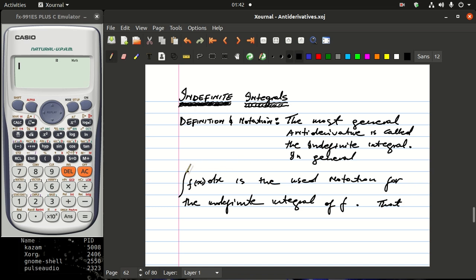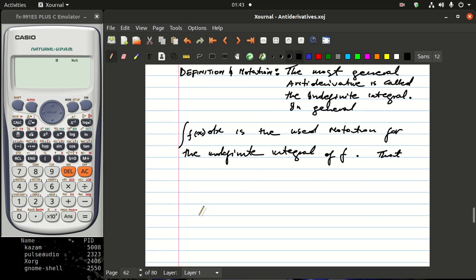Simply put, writing this without the lower bound and the upper bound, we are actually saying find the most general antiderivative of this function. That is the meaning. But once you have the upper bound and the lower bound, we are actually telling you to find the particular antiderivative and evaluate at this point, and then subtract the evaluation at the lower limit of integration. So that is the difference between those two things.